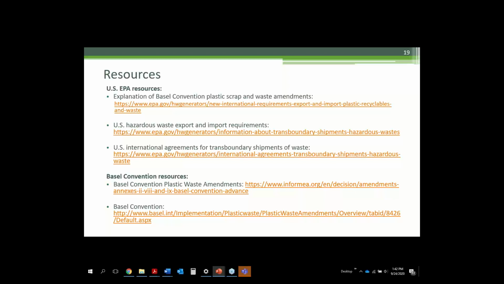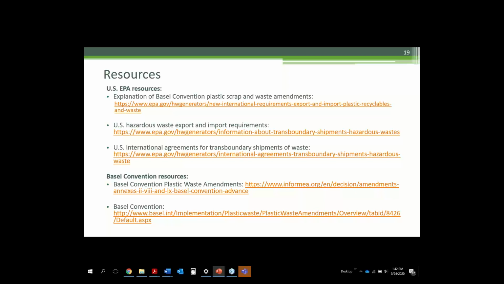So some of the resources that are available through these links include an explanation of the Basel plastic scrap amendments, the waste listing changes. They're not necessarily intuitive if you haven't worked in the Basel world, so I think this is a good explanation of those changes.